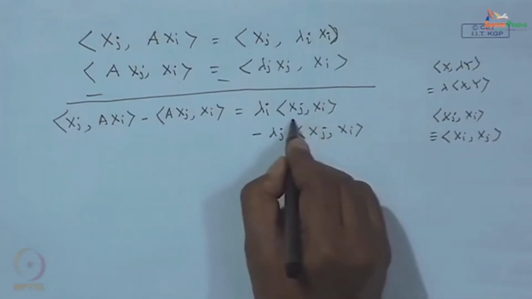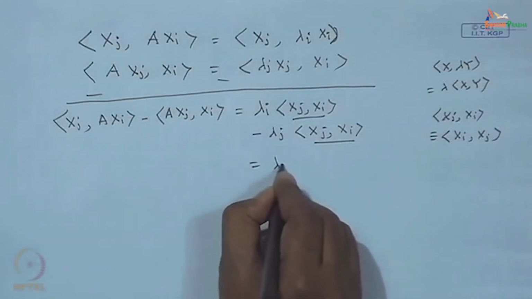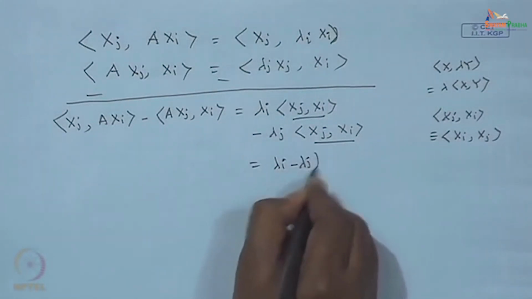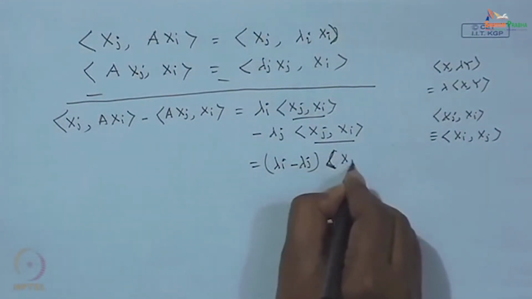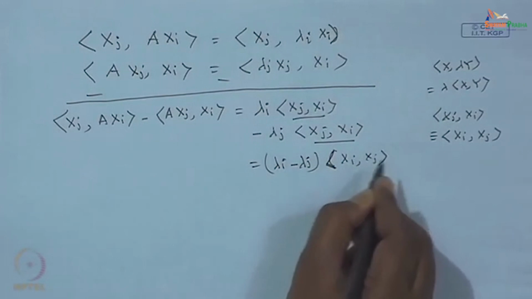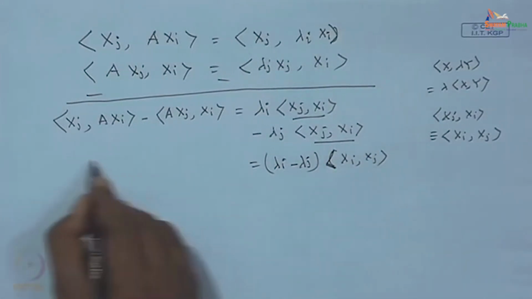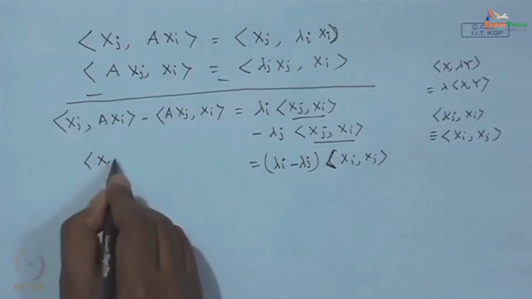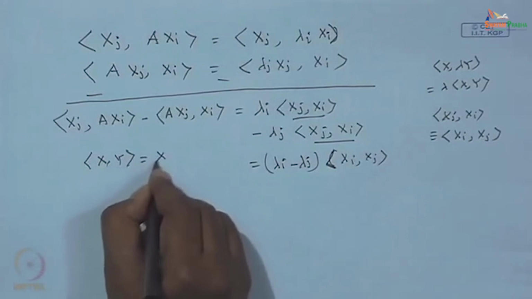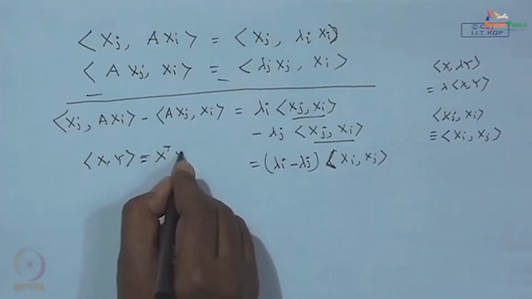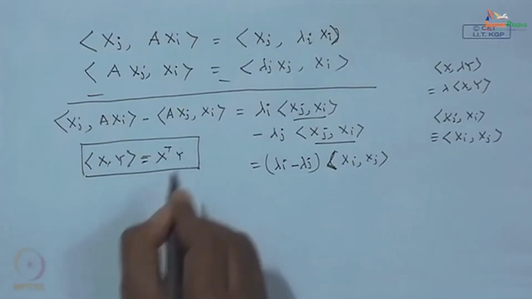That means these two are identical and we can write (lambda i minus lambda j) multiplied by the inner product of x i and x j, which can be taken as common. Then we utilize the formula that we derived earlier, that the inner product between x and y is equal to x transpose y, which we probably proved in the last lecture.